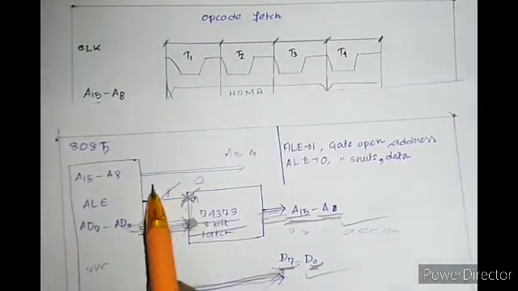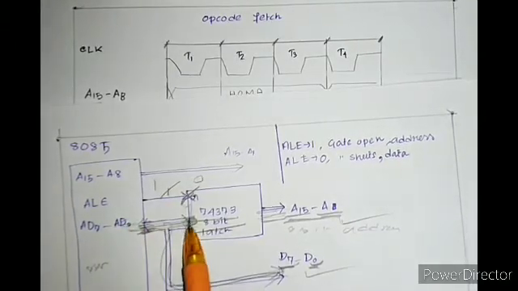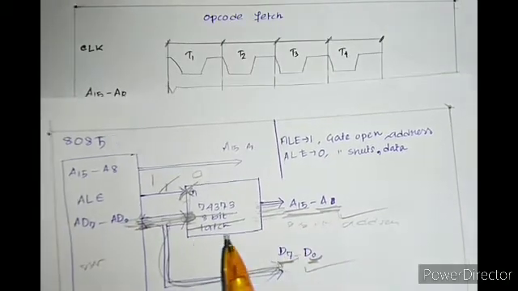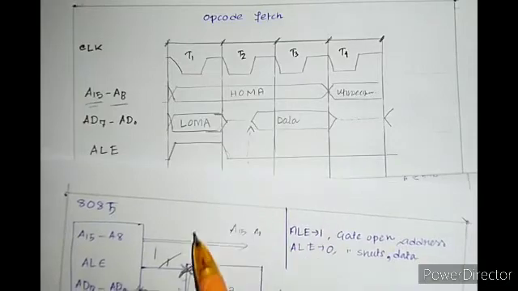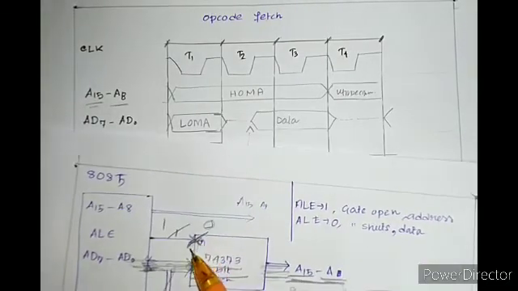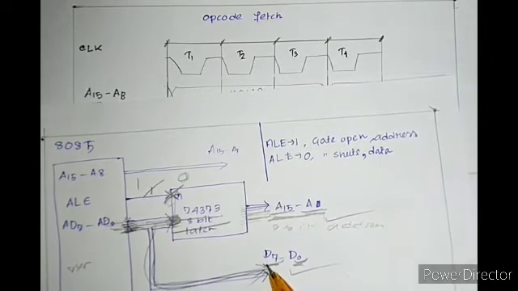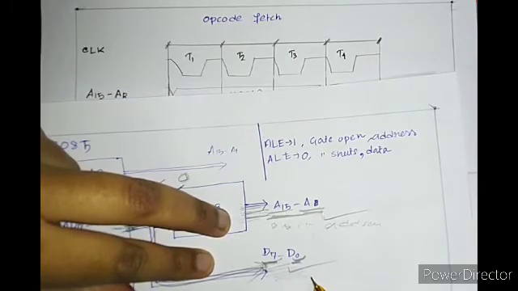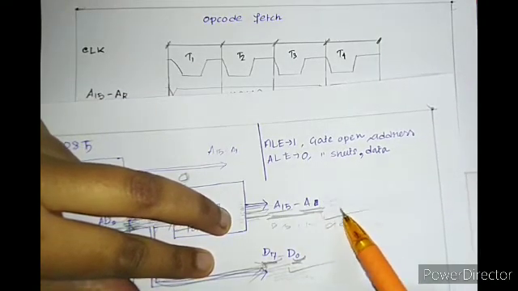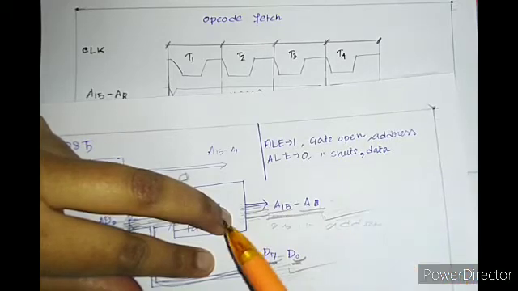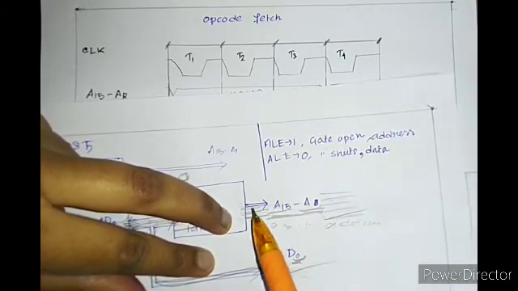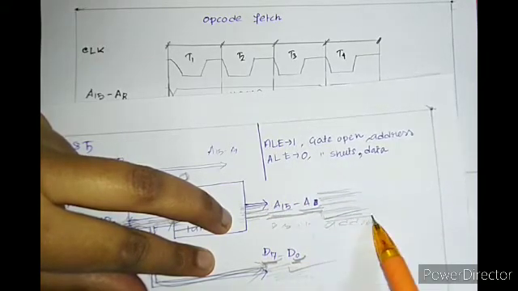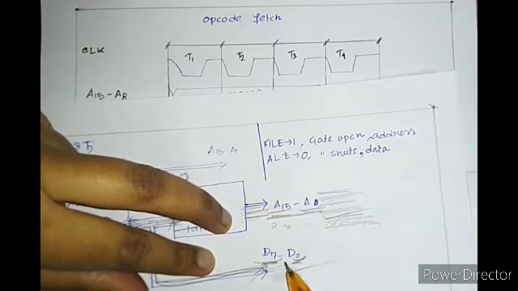ALE goes 1. The address comes, gets stored, and now the latch is only releasing the address. Then when ALE is 0, the gate is closed, and we will only receive data. The address is still coming out because it is already stored, so for the next 3 T states, the address comes from the latch and the data comes from these buses.